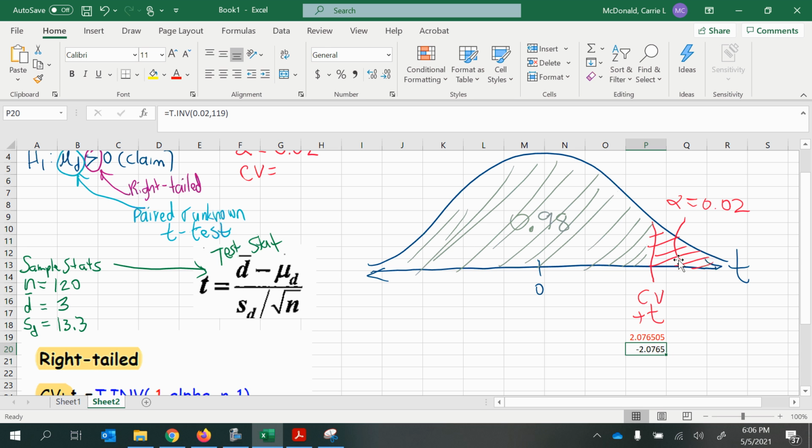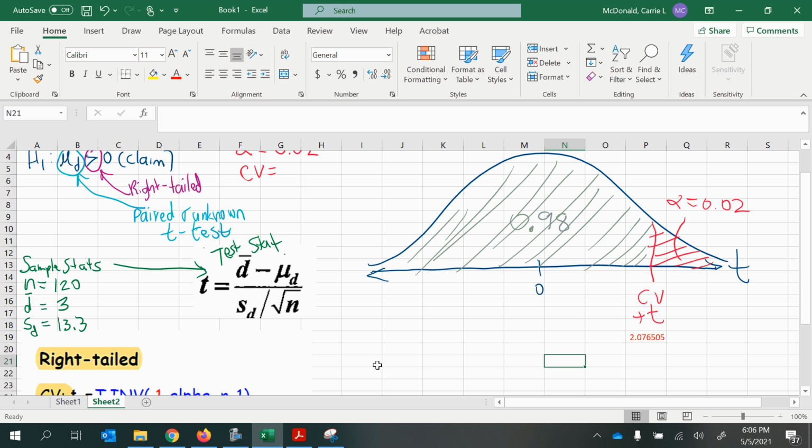Now if you're drawing your sketch, like I've tried to urge you to draw your sketch every single time, looking at this sketch, I should understand that my t boundary should be a positive value. So even if I made a mistake here, I could easily just change the sign and I'd be okay. So just paying attention to your sketch makes a big difference.